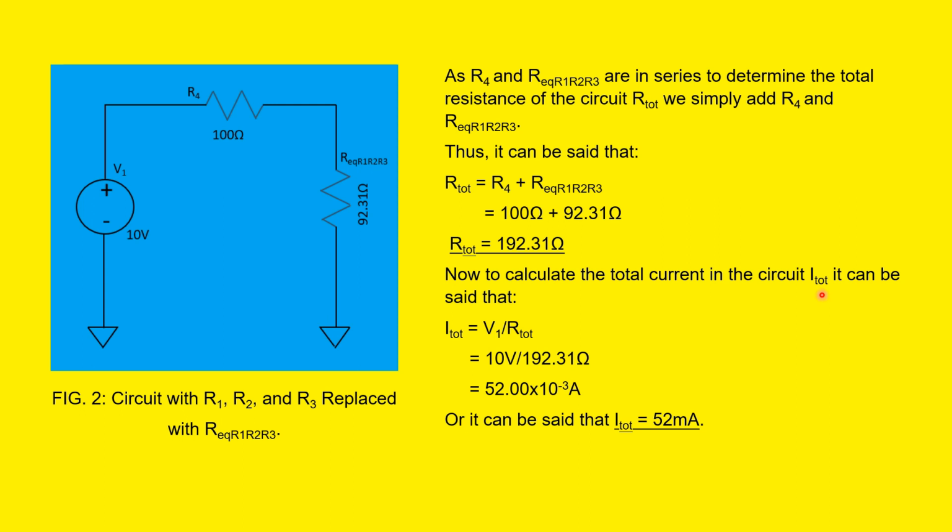Now we can also calculate the total current in the circuit, I total, or abbreviated here as ITOT. It can thus be said that I total is equal to V1 divided by R total, which is 10 volts V1, and R total, which we calculated here as 192.31 ohms, and this gives us 52 times 10 to the minus 3 amps, or it can be said that I total is equal to 52 milliamps.